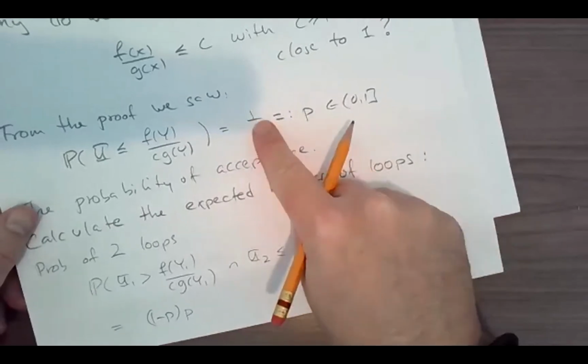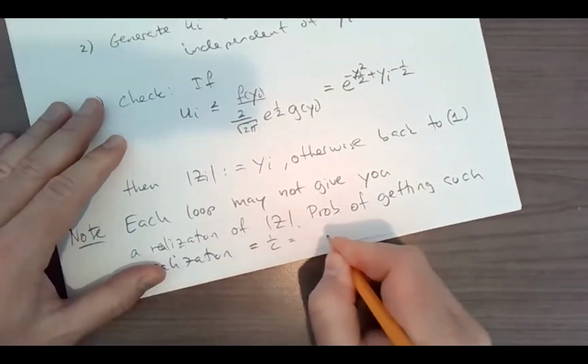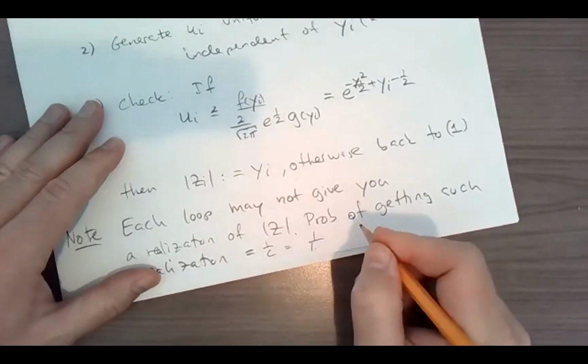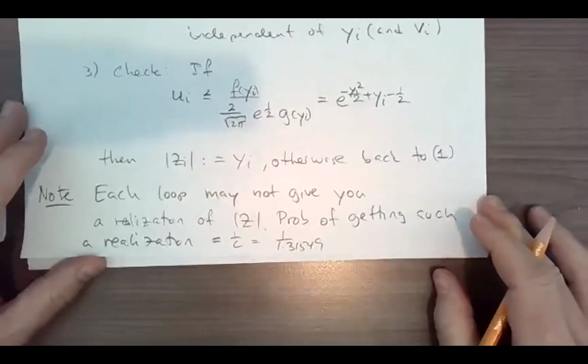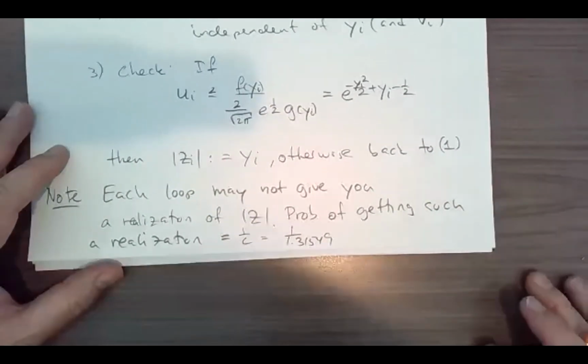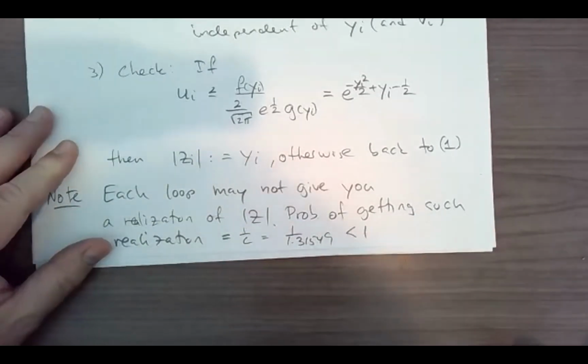That was p. This was 1 over c. This is 1 over c. This is equal to 1 over 1.31549. Right, so this here is less than 1.